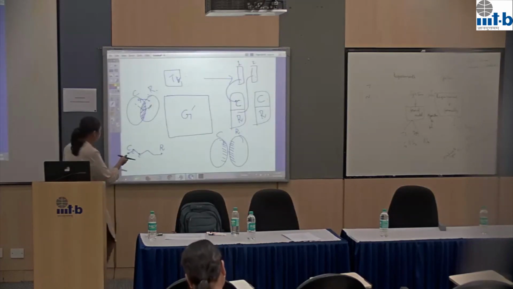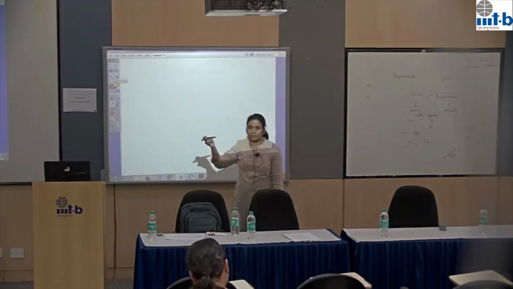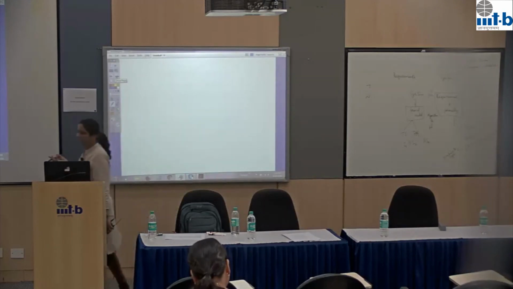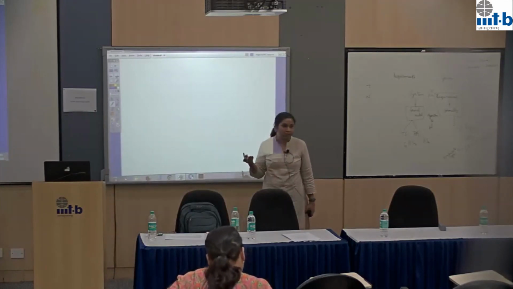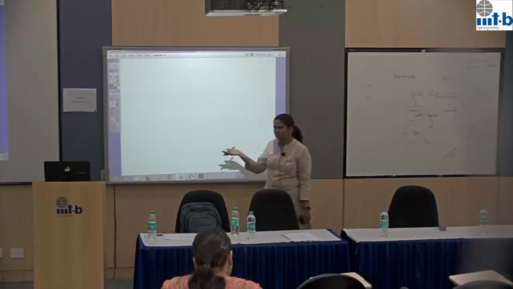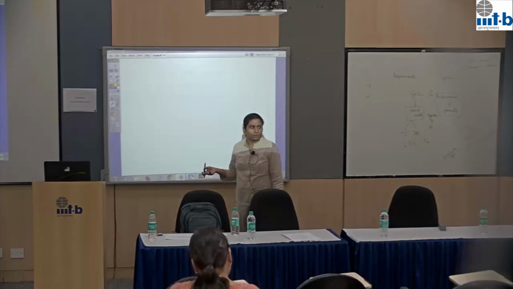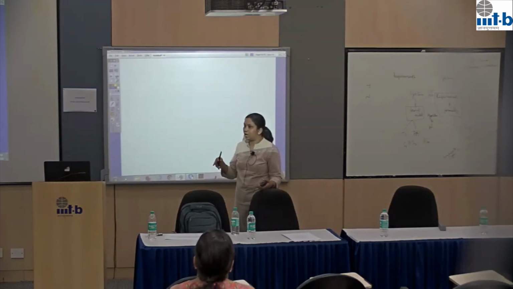How many guesses did you make? First, you guessed a subset of W of size k plus 1, and for that guess, you guessed a two coloring. How many two colorings are there for a set of size i? In how many ways can you color a set of size i using two colors? 2 power i.